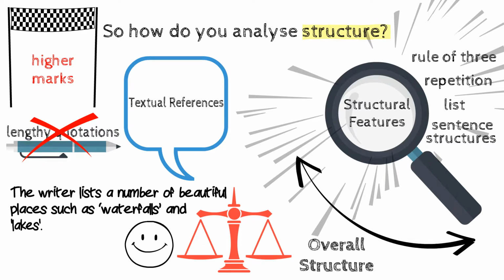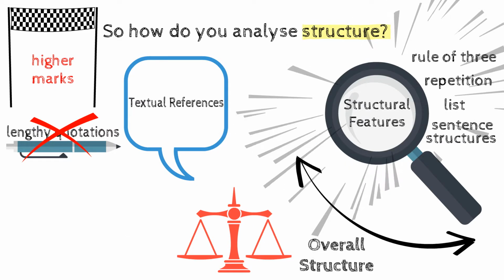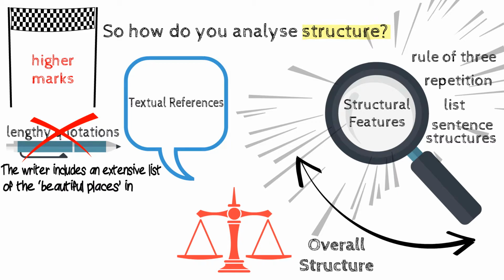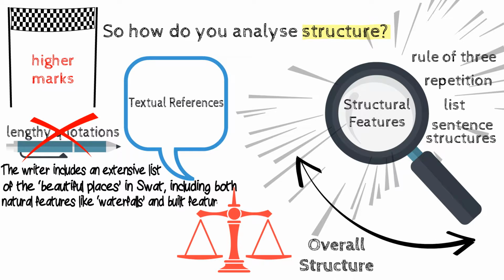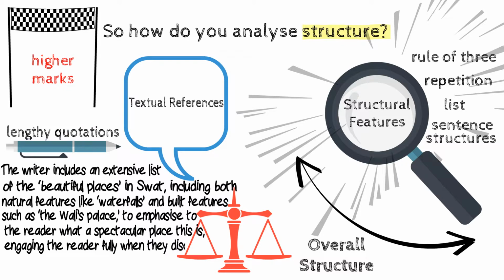It is also vital that you analyse the effect of the structural features. For example, the writer includes an extensive list of the beautiful places in Swat, including both natural features like waterfalls and the built features such as the Wali's Palace, to emphasise to the reader what a spectacular place this is, engaging the reader fully when they discover how much damage the Taliban have done to this beautiful place.